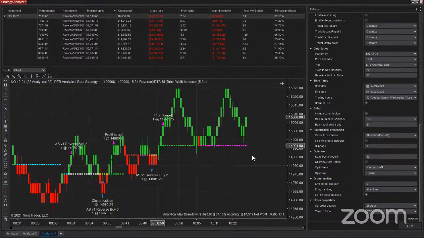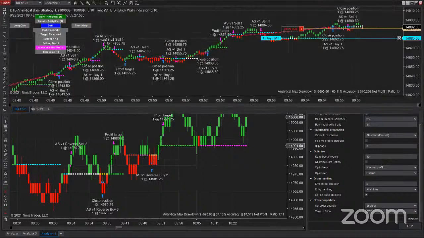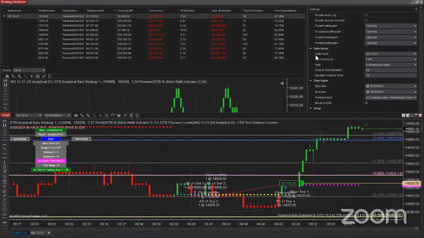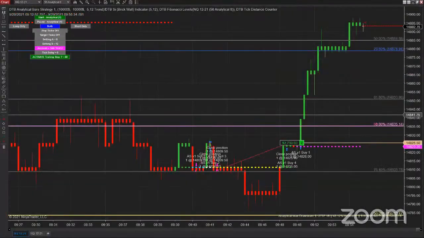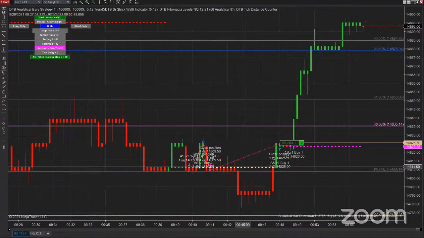So that's just some good ways of working with the analyzer to give you the best results. So that was as far as that goes. Let me just see. Okay, so the chart, this is currently what this strategy is doing.